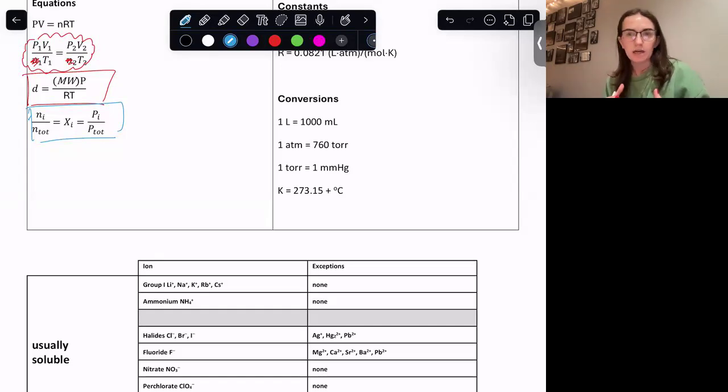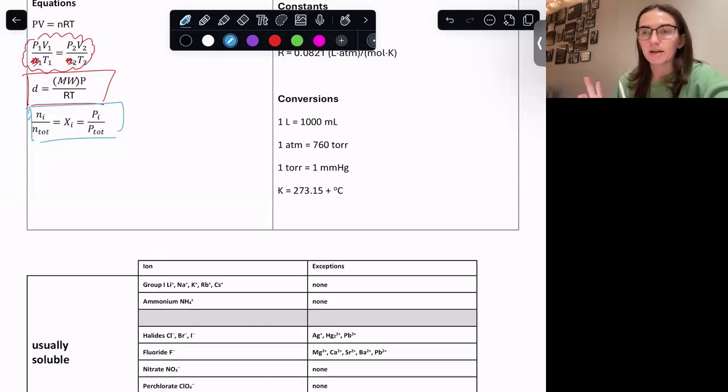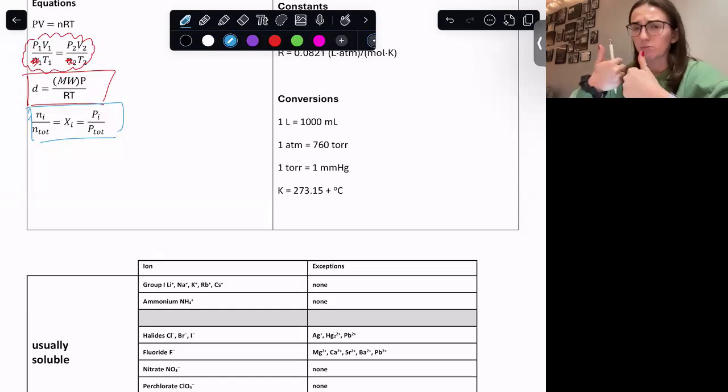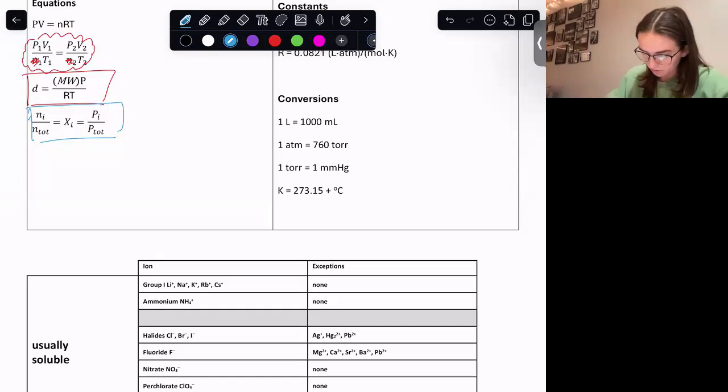As the number of moles increases, the number of collisions increases, creating a larger pressure. So as you increase the number of moles of something, you increase the pressure that type of gas is exerting.